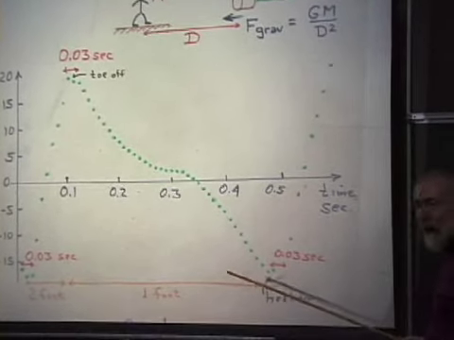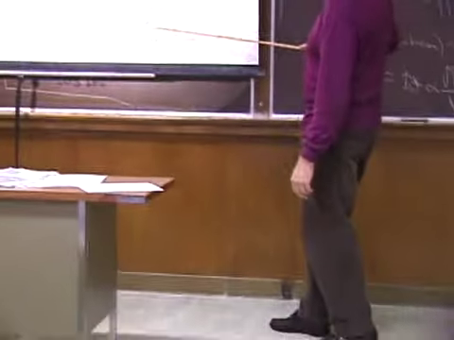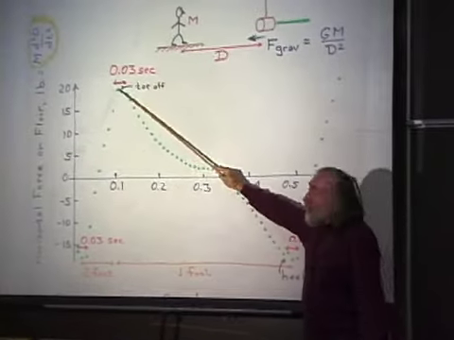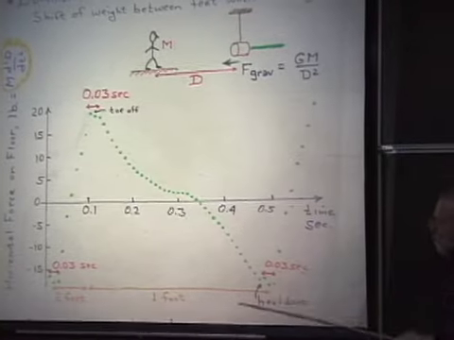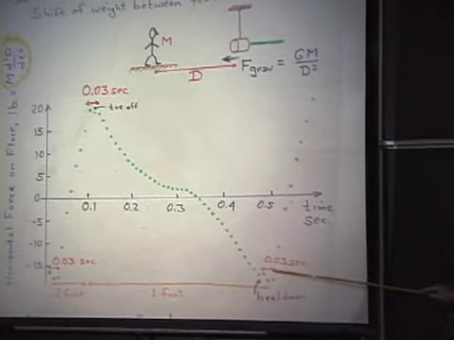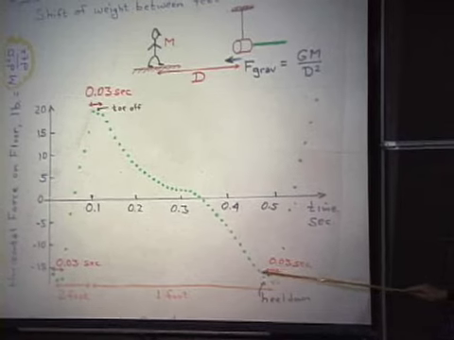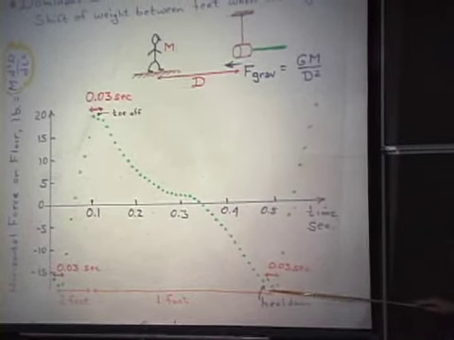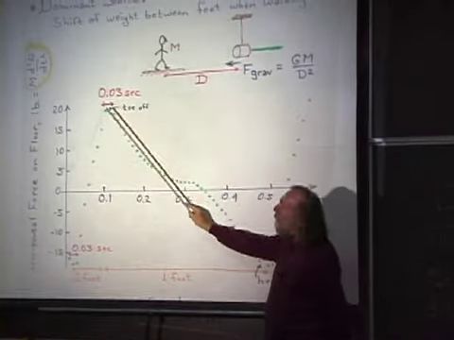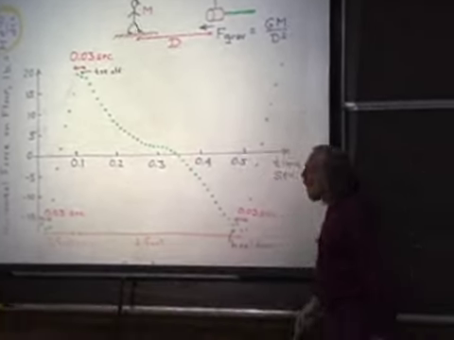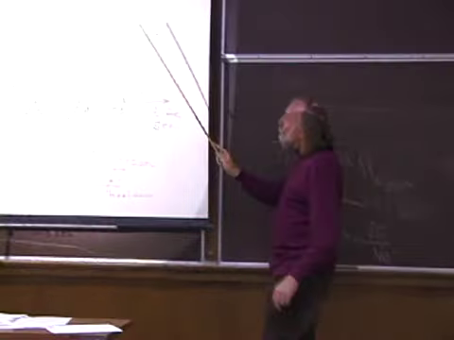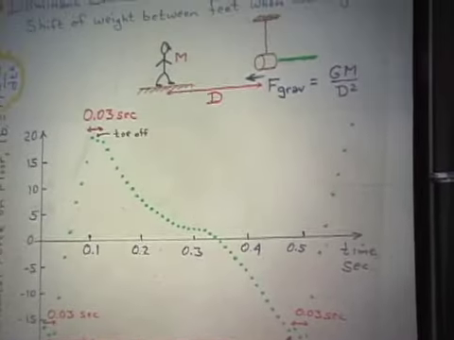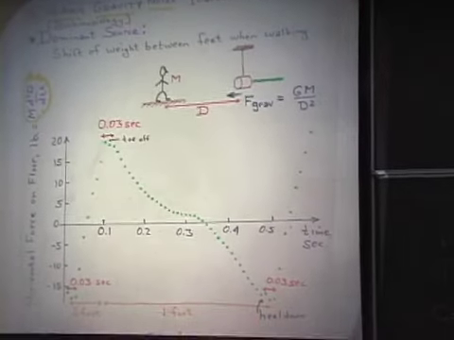And as I'm shifting my weight from one foot to the next, this force goes booming back up, and then a gradual decrease. So there are near discontinuities, that is changes on times of 0.03 seconds. That's 1 over 30 hertz, at heel down and at toe off. And those rather sharp changes give rise then to a gravitational force spectrum that is predominantly in the range from 30 hertz on down to lower frequencies.